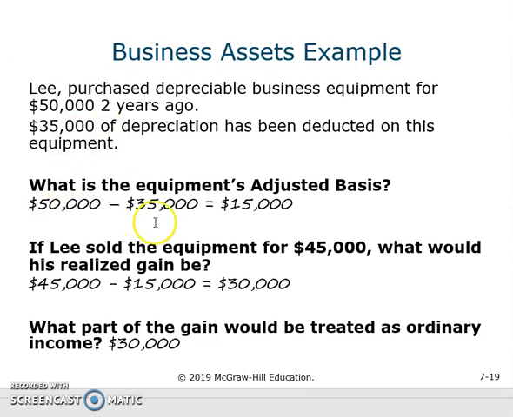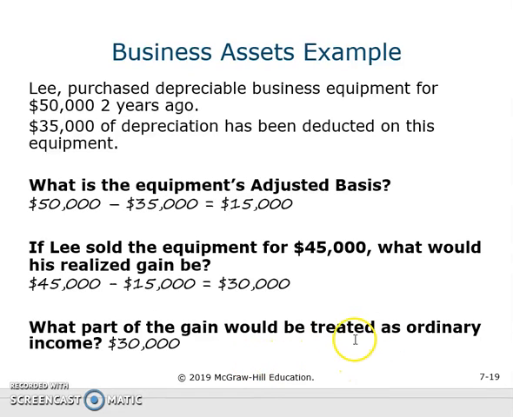So $50,000 minus $35,000 gives us an adjusted basis of $15,000. If Lee sold the equipment for $45,000, what would his realized gain be? The realized gain would be the sale price of $45,000 minus the adjusted basis of $15,000, which would give us a realized gain of $30,000.